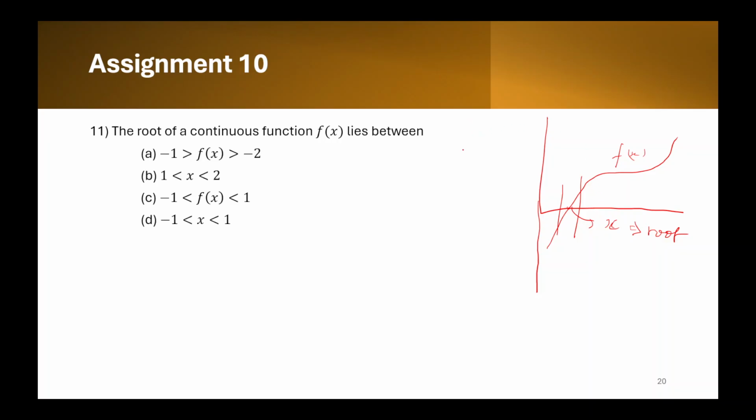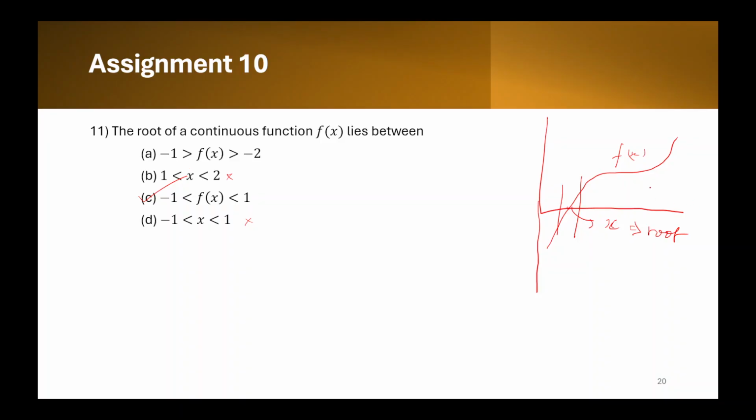I told you that the sign of f(x) should change in that range. So the sign of f(x) is changing here. It is not changing here. So these two are irrelevant because we are not given any data for x. So most appropriate will be these two options to choose from, and then the correct will be C part.